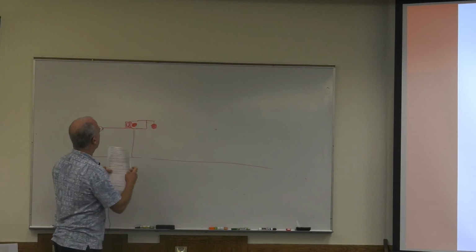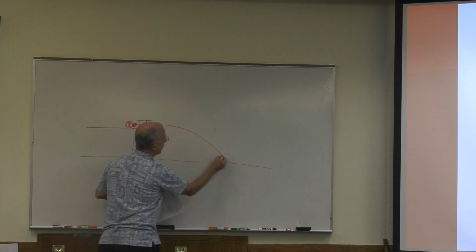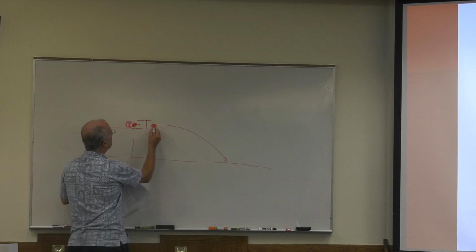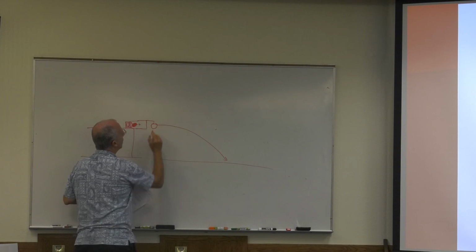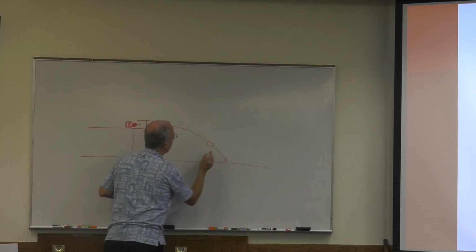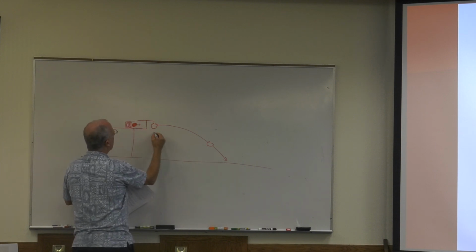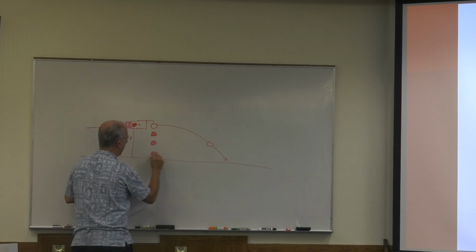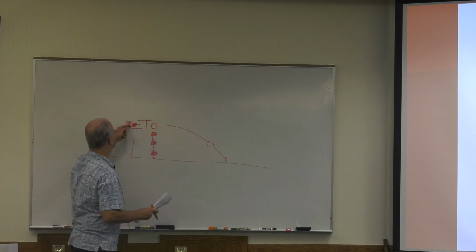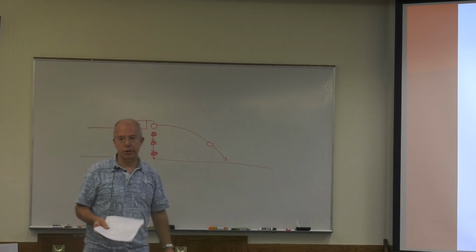So this ball comes flying out and smashes into this ball. This ball hits this ball, sends it flying. This ball, after it hits, just falls straight down. And after they hit, the only force acting on it is gravity, right?